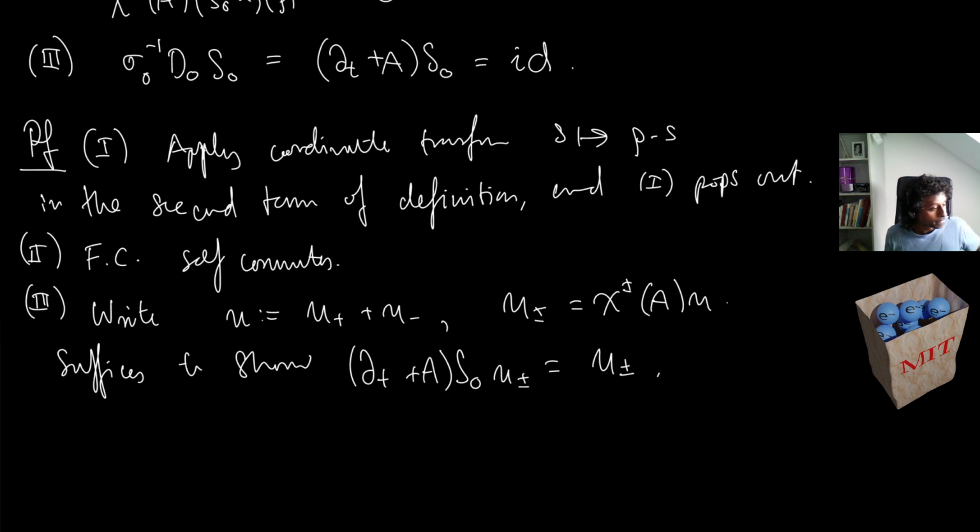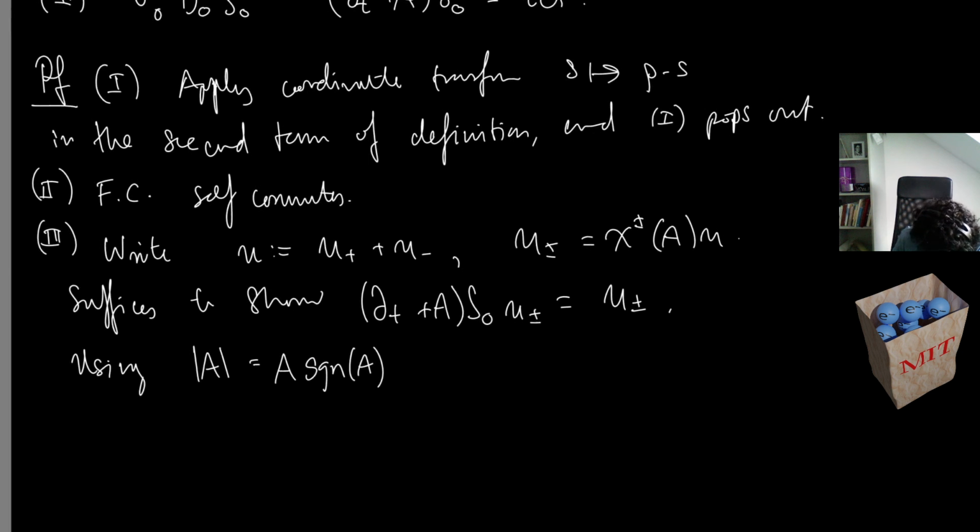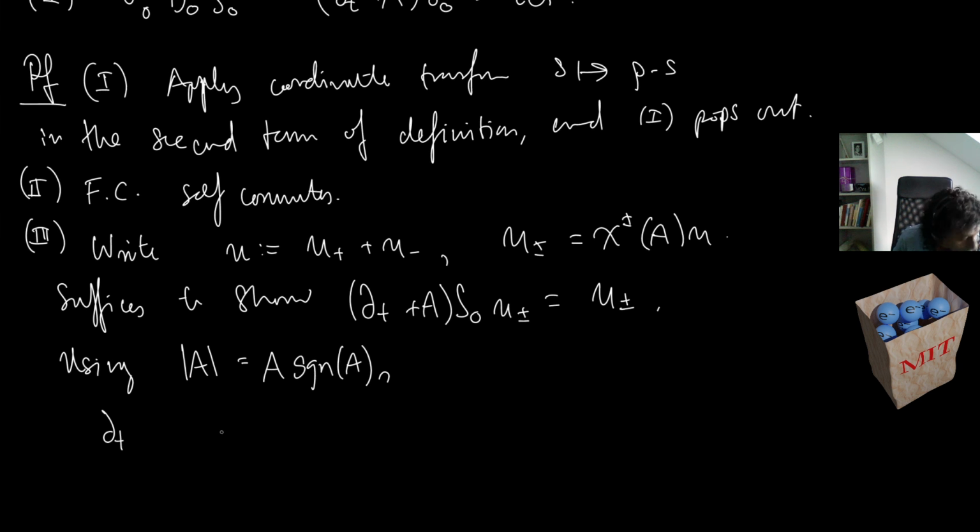Using the fact that modulus A is equal to A signum of A, we have dt S naught u plus is equal to negative A signum of A S naught u plus, plus u plus.